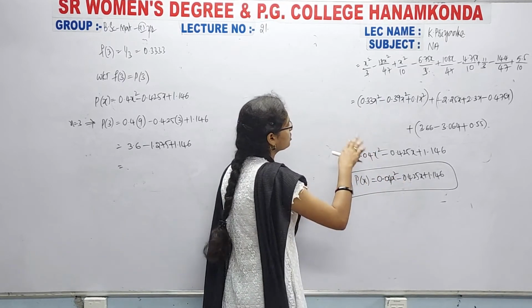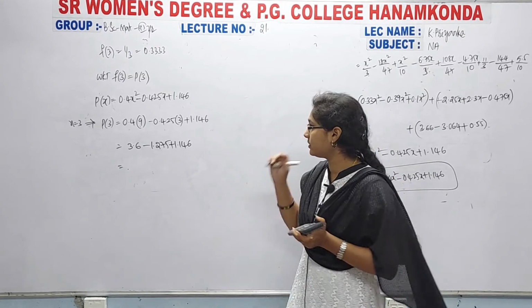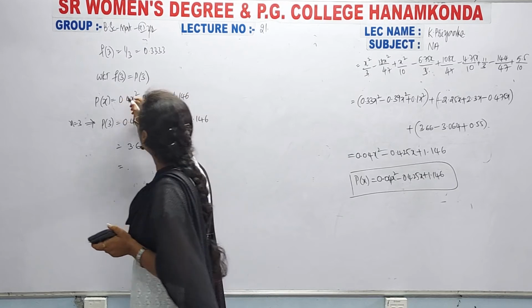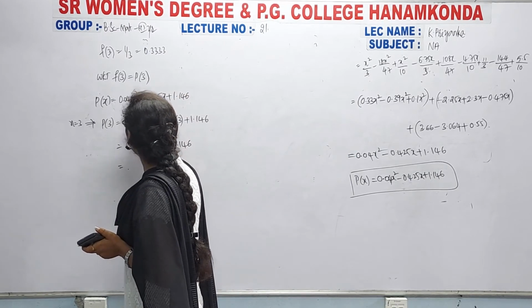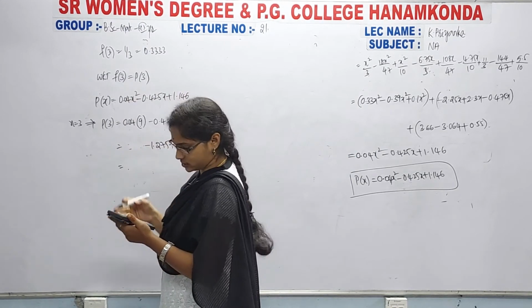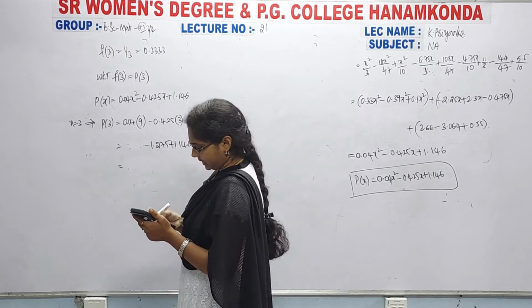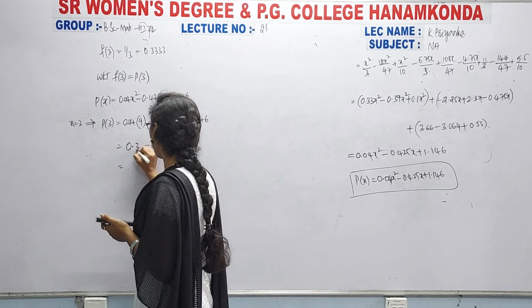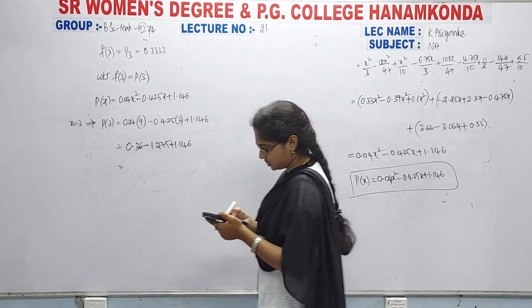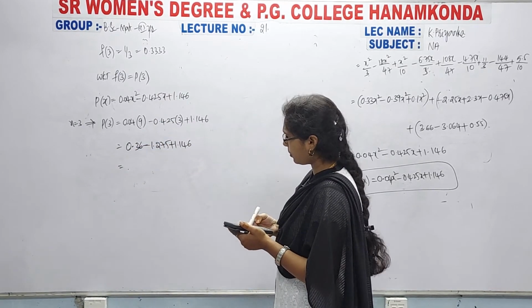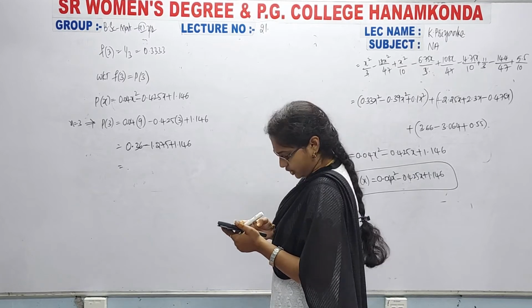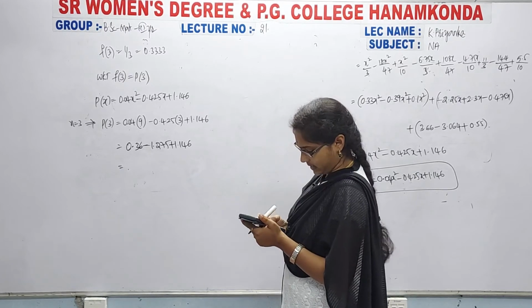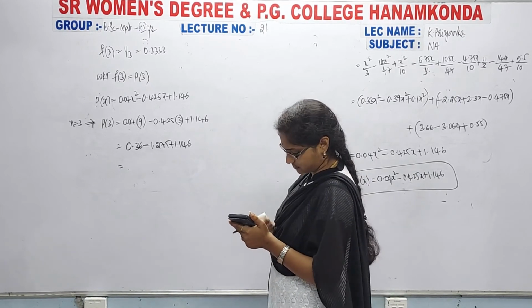It is 0.04. So while you are calculating, be careful. Now 0.04 into 9 is 0.36. Now I will get the value. So 0.36 minus 1.275 plus 1.146.